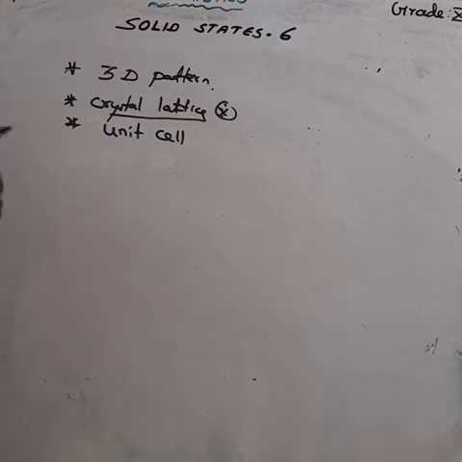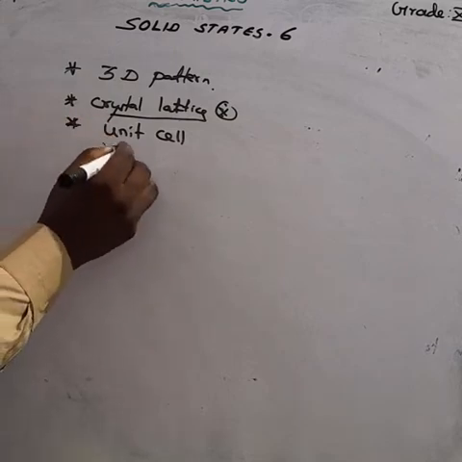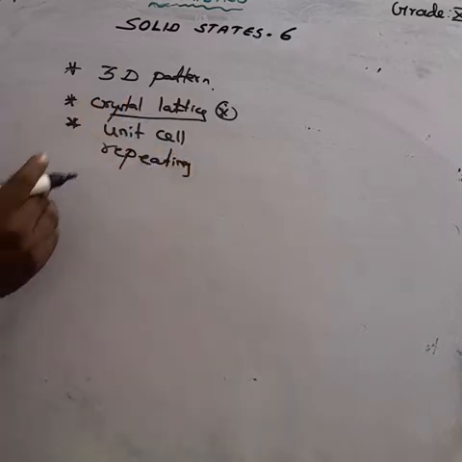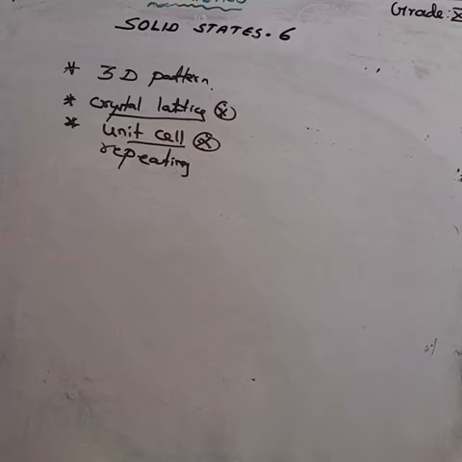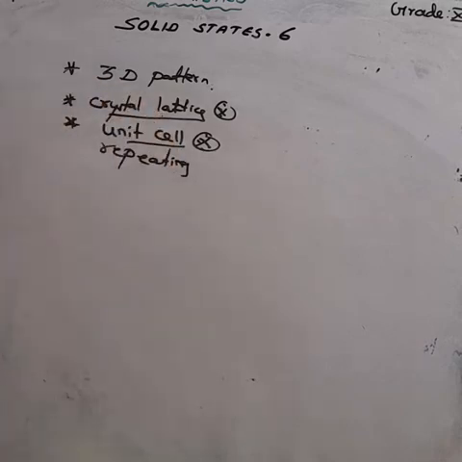A basic repeating structural unit of a crystalline solid is called unit cell. So we have to learn two definitions.